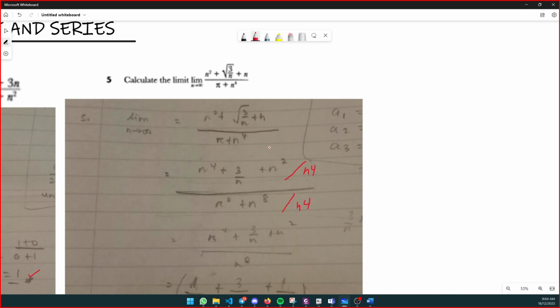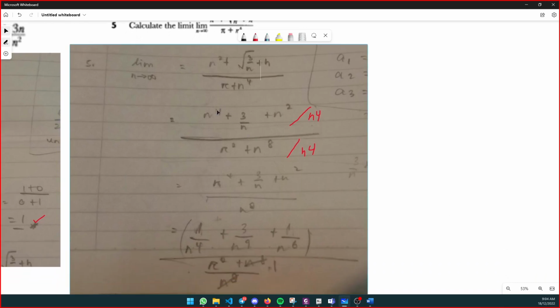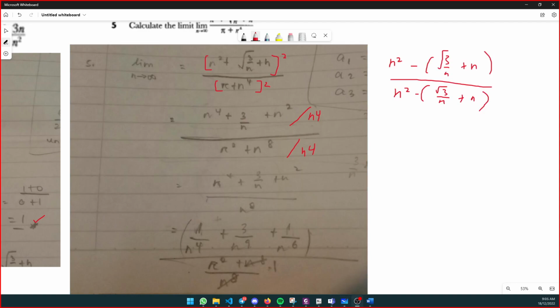Okay, then when you do that, wait, let me see what we did here. Okay, n^4, 3n, n squared, n squared, n power 8. You square everything, is that right? Yeah, you cannot square this whole thing. I think the best option here is you just divide everything by n to the power of 4. Okay, so the problem you had was this thing, right?